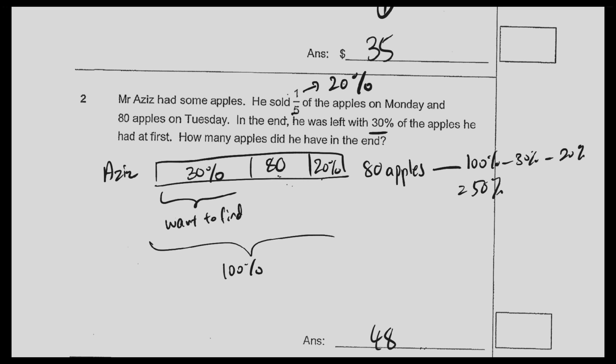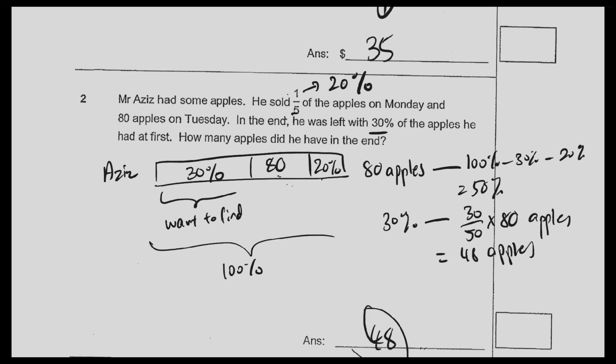So we want to find the 30% value. So we just take 30 over 50 times 80 apples. And what we get, if we plug it into the calculator, is 48 apples, which is our answer here, right? 48.